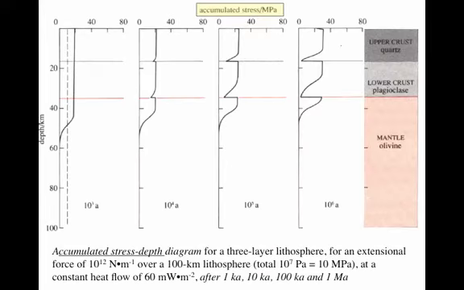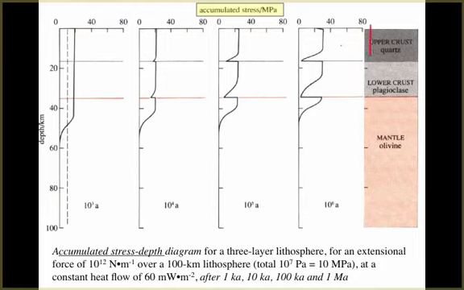If we look at an accumulated stress depth diagram for a 3-layer lithosphere, so considering the upper crust, lower crust, and mantle, if we apply an extensional force over a 100-kilometer lithosphere at a constant heat flow of 60 milliwatts per meter squared, we can see what the stress depth profile would look like after 1,000 years, 10,000, 100,000, and 1,000,000 years.